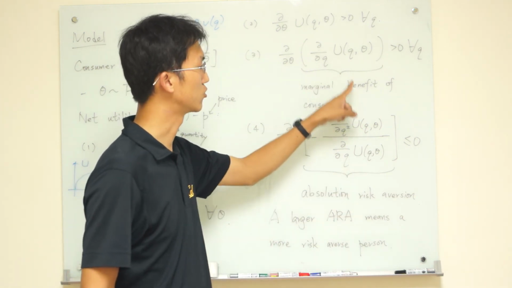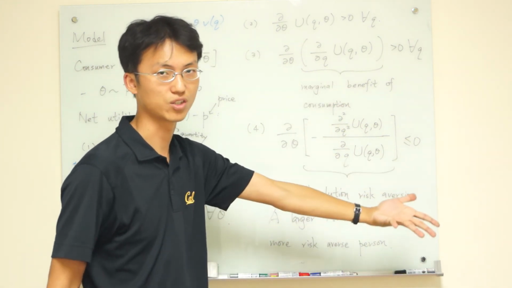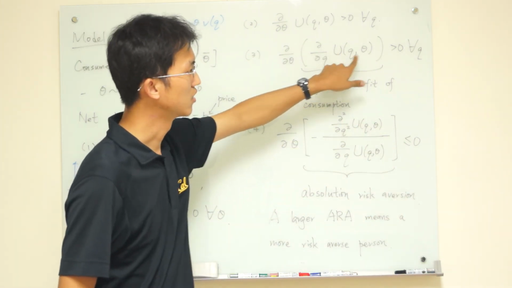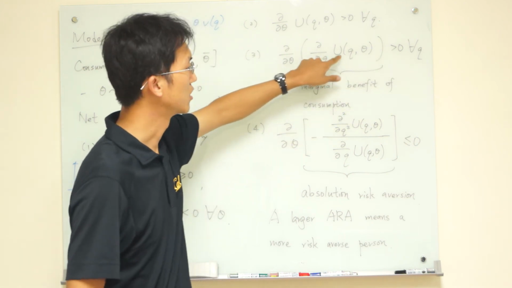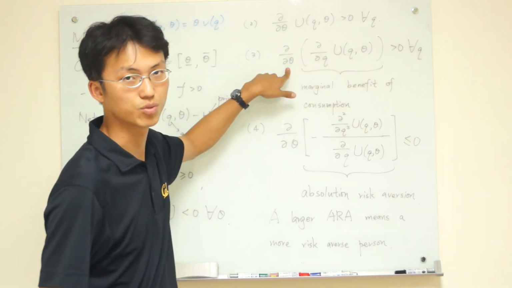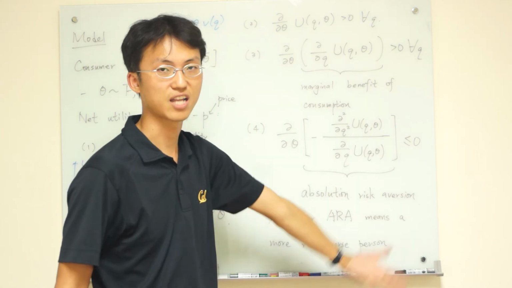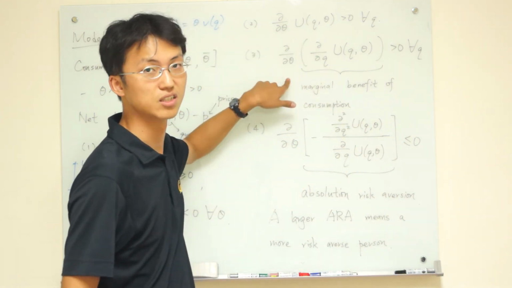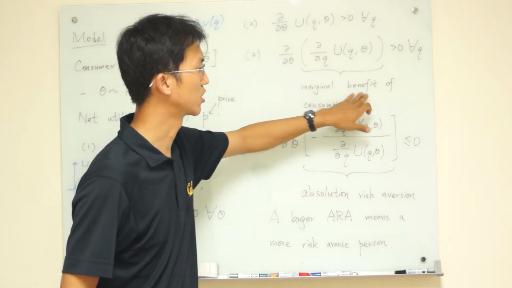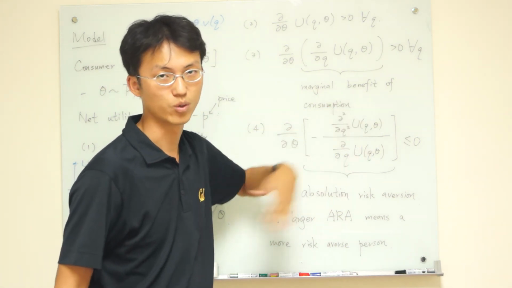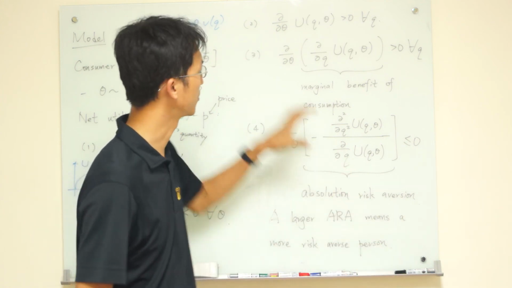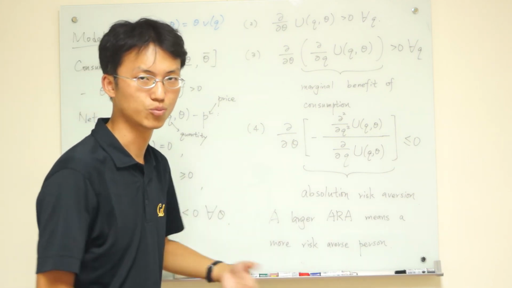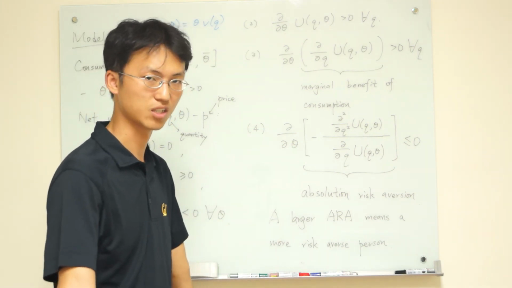No matter what the quantity is, this marginal benefit is going to be larger for higher types. So if one guy is of a higher type, then his marginal benefit will be higher. So these two conditions are just saying high types are those who prefer higher consumptions.